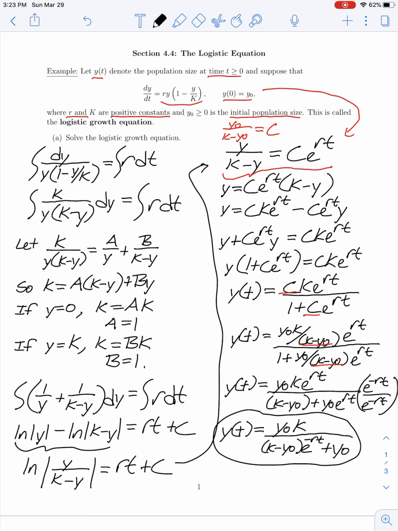and r. So we see in this first part of our example that it is pretty tedious to solve this logistic growth equation explicitly.